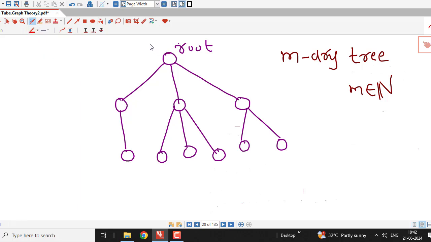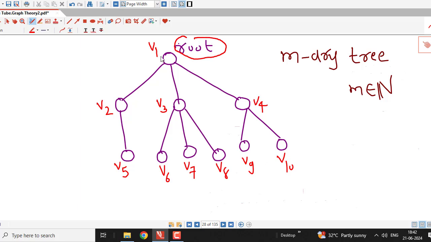If we label all these vertices, suppose this is V1, V2, V3, V4, V5, V6, V7, V8, V9 and V10. Suppose this is a rooted tree in which V1 is the root.